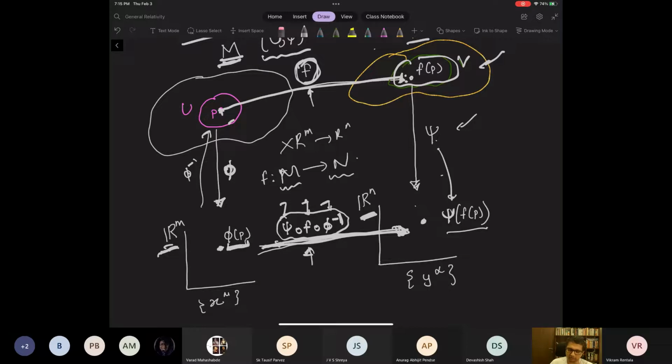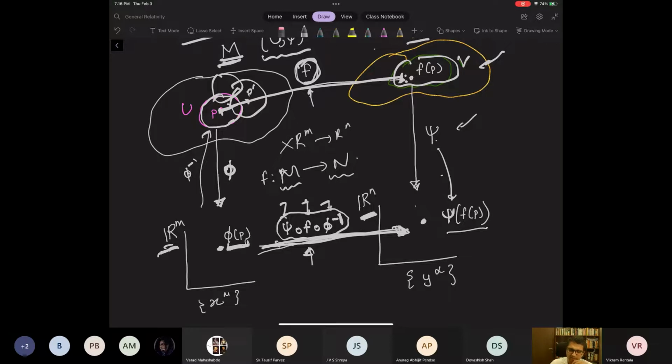Now we need to ensure that this notion of differentiability can be ported to the entire manifold, because this is only valid in a coordinate patch. The notion of differentiability will cover the entire manifold because of the smoothness of these charts. So even if I move from one coordinate patch to another, I will change coordinates, switching to another coordinate system, when I move from this patch P and go to some other point P prime.